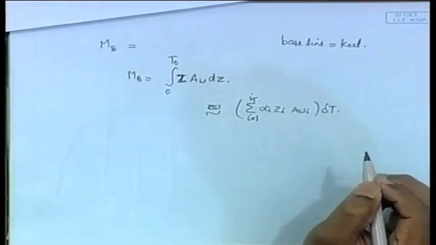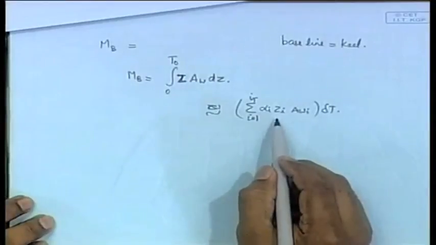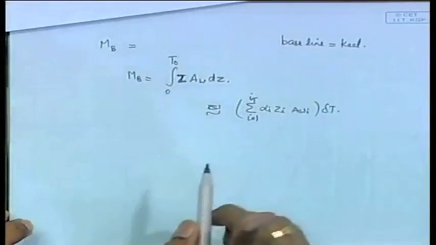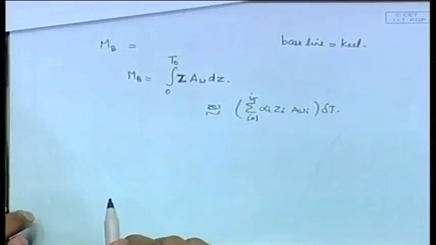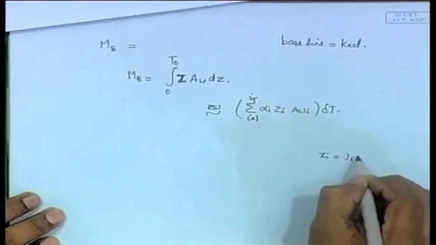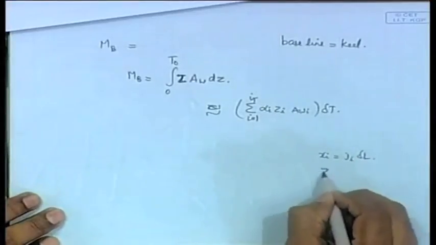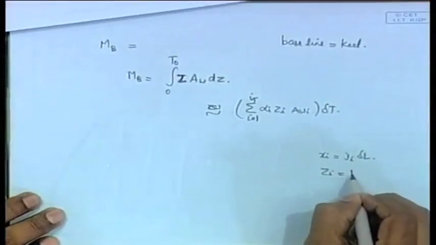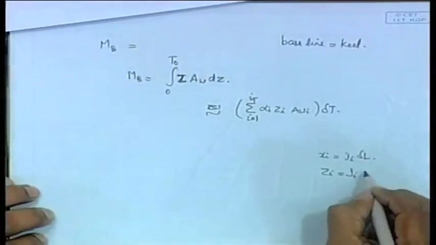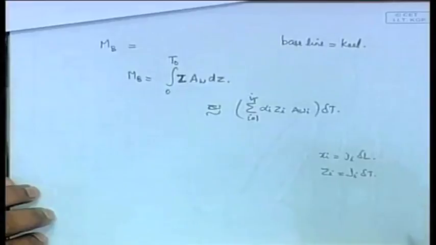And if you want, you can do one more thing, this z i can also be replaced the same way as we did last time. We said that x i is equal to j i into delta L, just like that you can have z i, let us call it j i itself, but note that this is the vertical distance this time. So, j i into delta T, we can write like this.